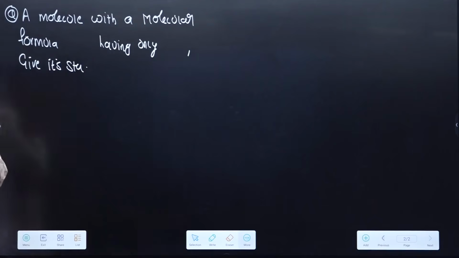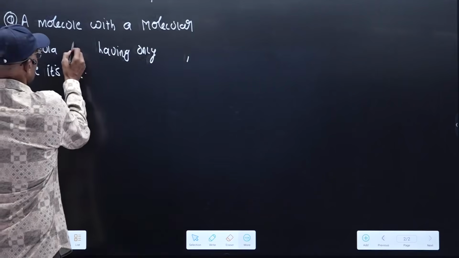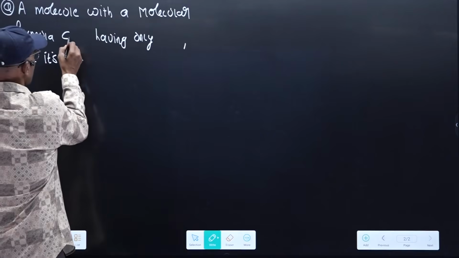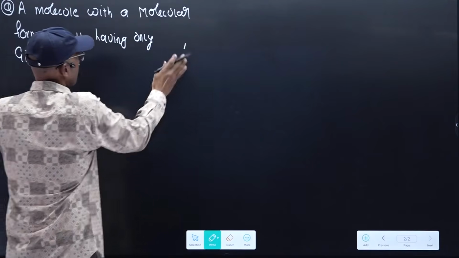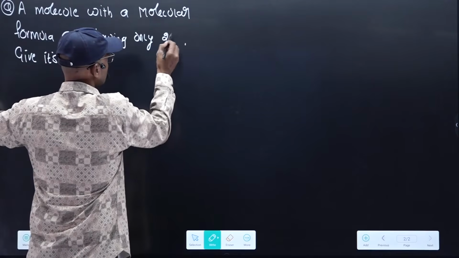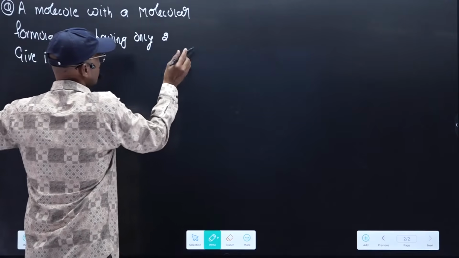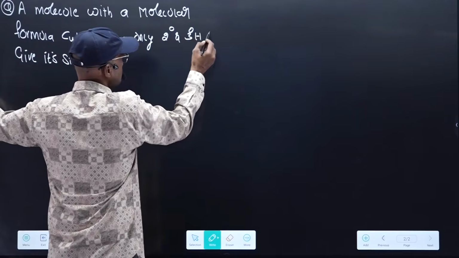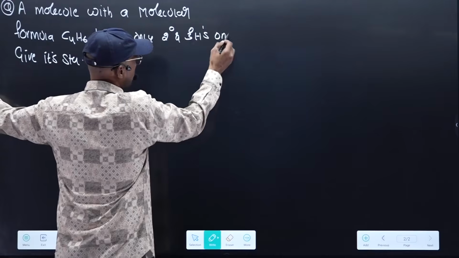Repeat this question one more time. A molecule with a molecular formula C4H6 having secondary and tertiary hydrogens only.